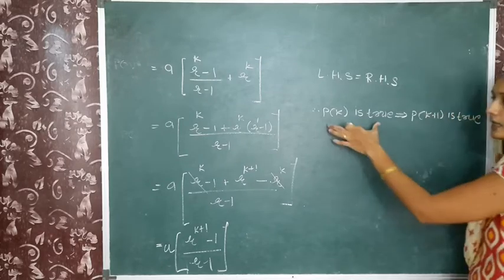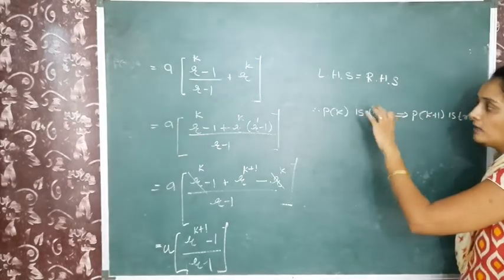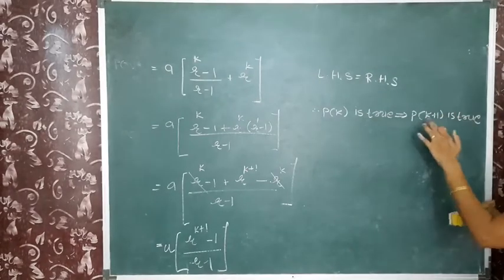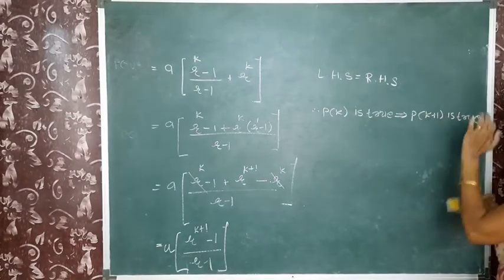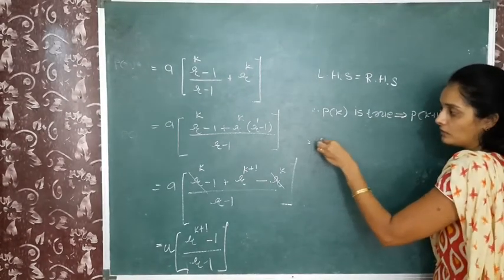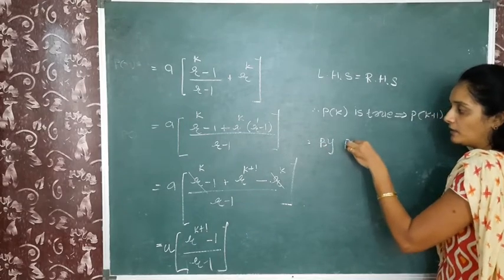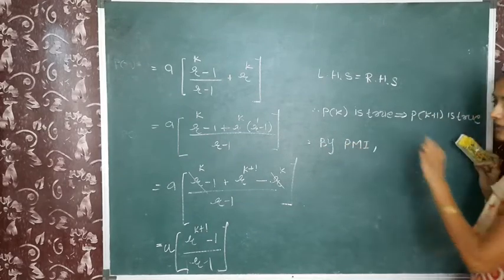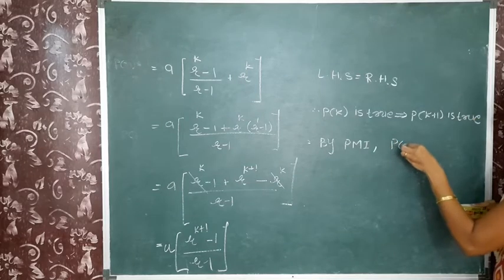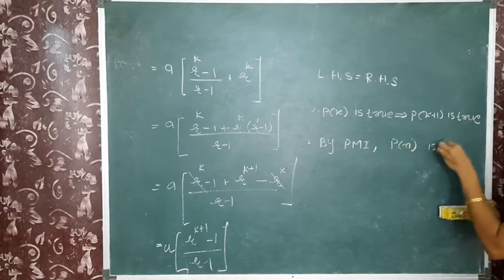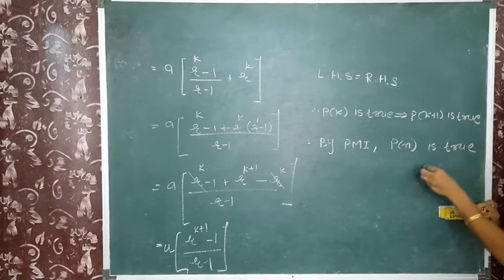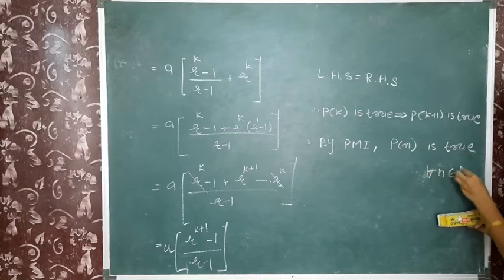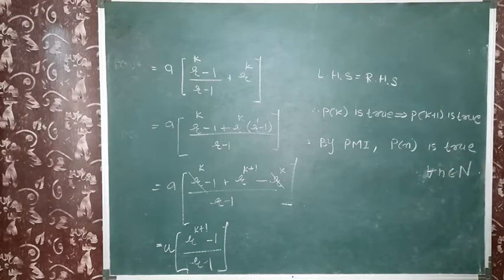That means we take P of k is true, and by using this we prove P of k plus 1 is true. And therefore by PMI, principle of mathematical induction, the given statement Pn is true for every natural number. Okay.